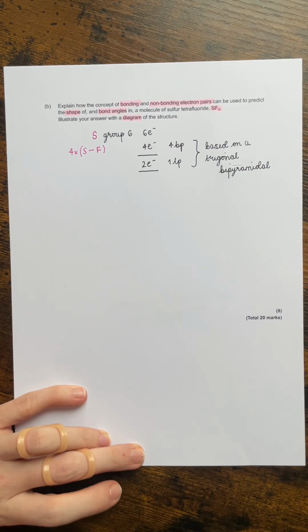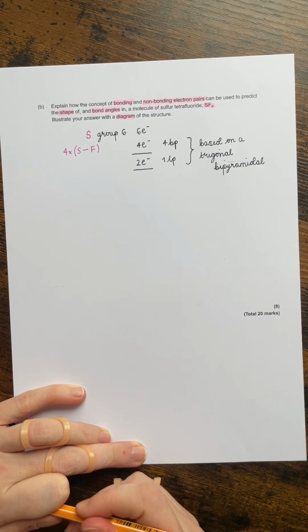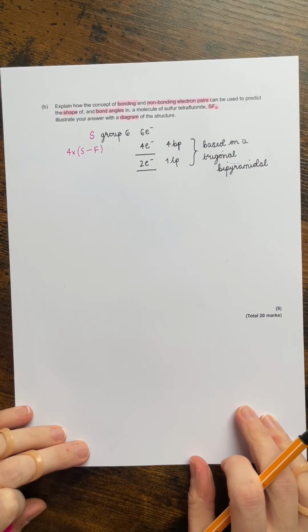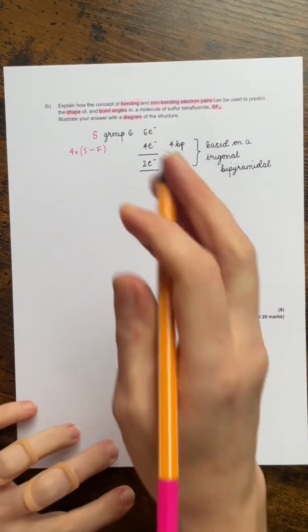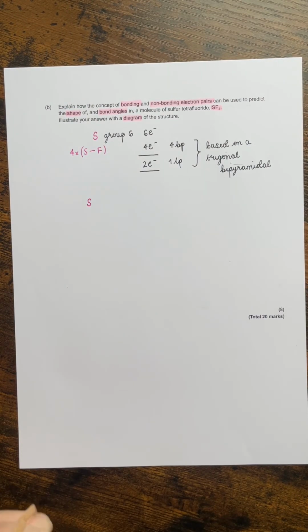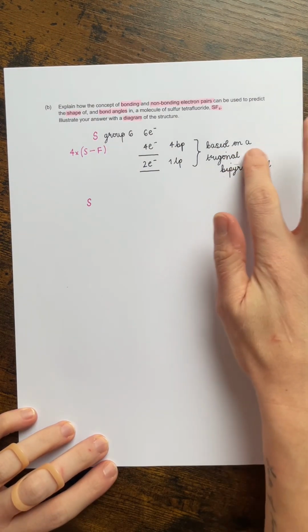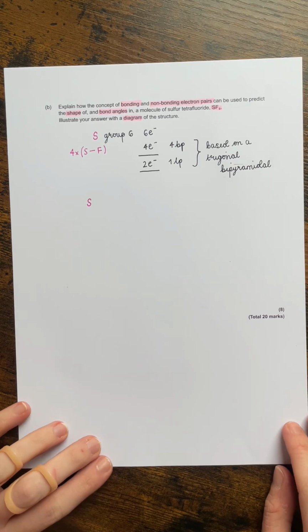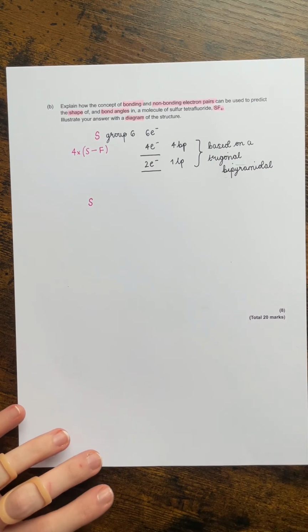So if we then have our sulfur at the middle, for a trigonal bipyramidal shape we need to be comfortable drawing it and know where all the bonding pairs would be positioned.